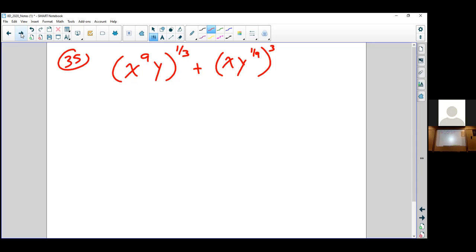Agreed? When exponents are on top of each other, they multiply. I'll let you attribute that to bunnies. That's your biology lesson for the day. Got it? You're allowed to laugh. Or some of you are just like, stir up. Let's go back to work.